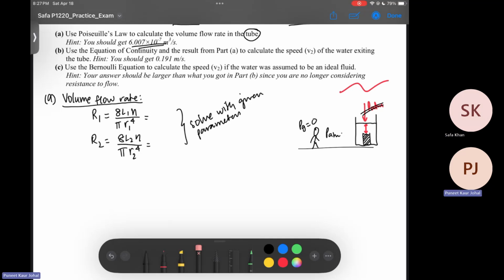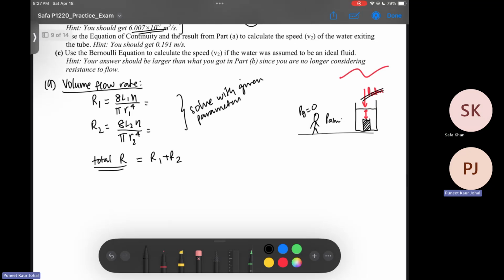So R1 and R2 is going to give you the resistance in the first one and the second one, and then you can find the total resistance in the entire tube, just adding them both up. And after you can find the volume.